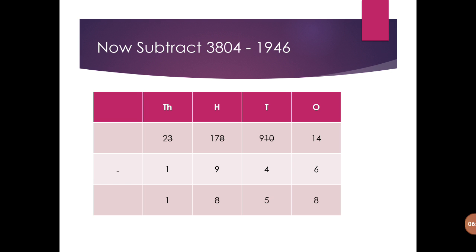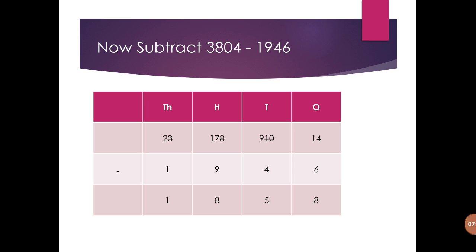So we have to go to the next column, the hundreds. We take a borrow from the hundreds column and it becomes 10 tens, and then we need it in the ones column, so again we take a borrow from the tens column. So it will become 14.